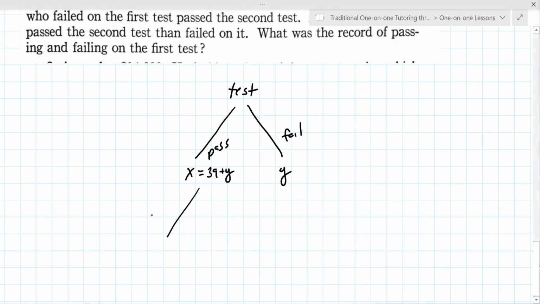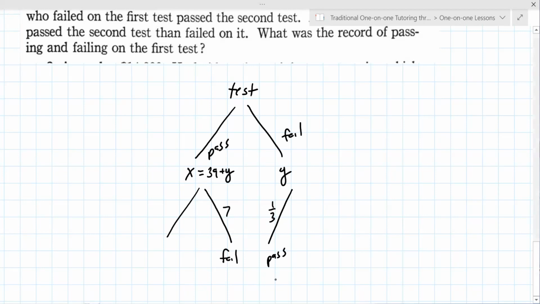This is weird. So let's keep this going. 1/3 of those who failed on the first test ended up passing the second test. So we'll keep this as the pass. So 1/3 of those they passed.